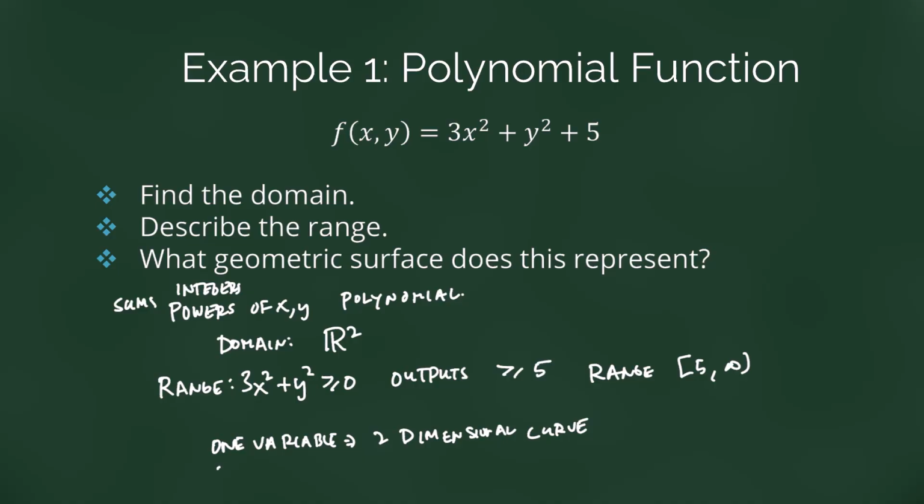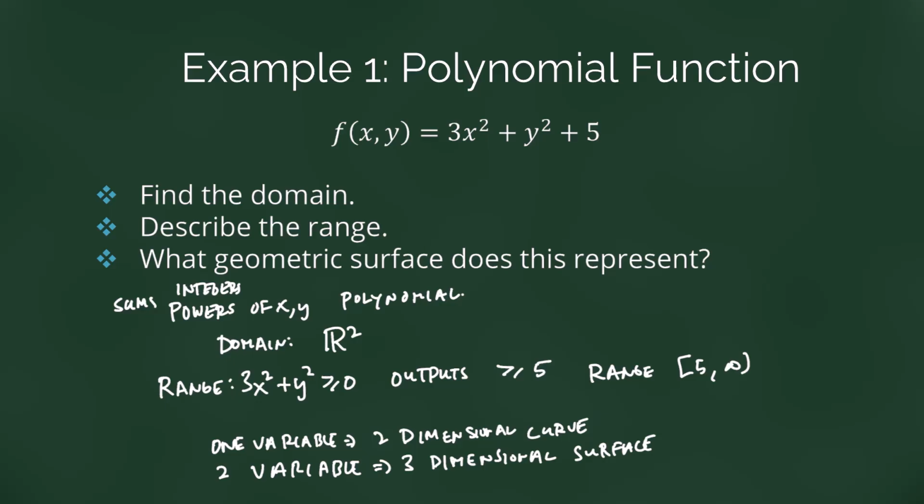So a two-variable function is going to produce a three-dimensional surface where each point on the surface represents some combination of an input, which is of the form x, y, and an output, which is of the form z.